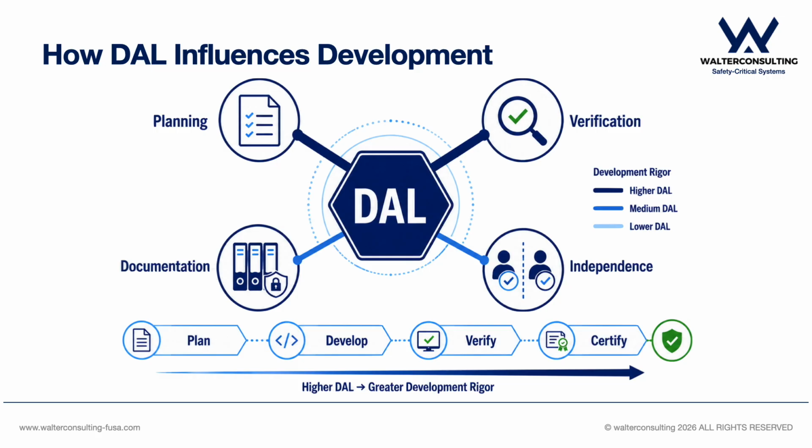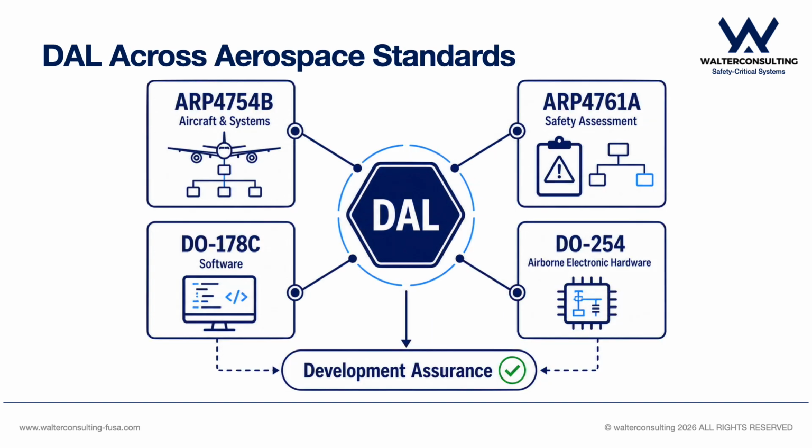This influence extends well beyond a single standard. Development assurance levels appear throughout modern aerospace development. ARP 4754B uses DALs during aircraft and system development. ARP 4761A supports the safety assessment activities that contribute to determining appropriate assurance levels.